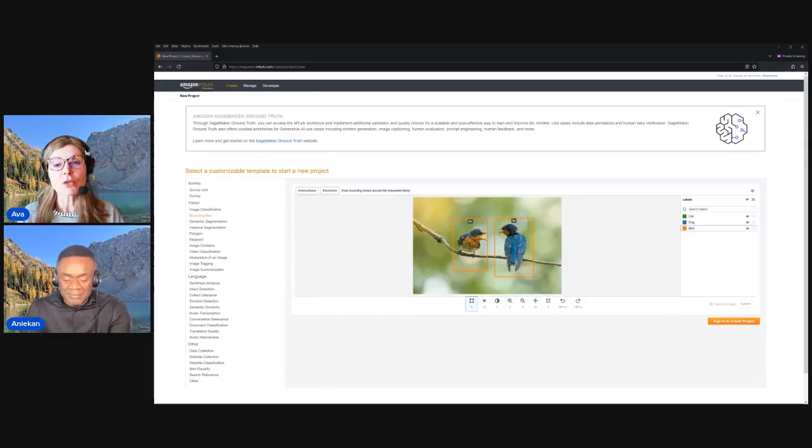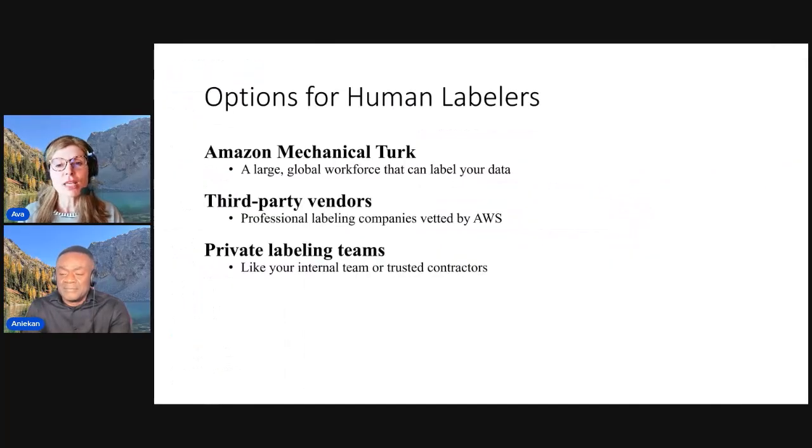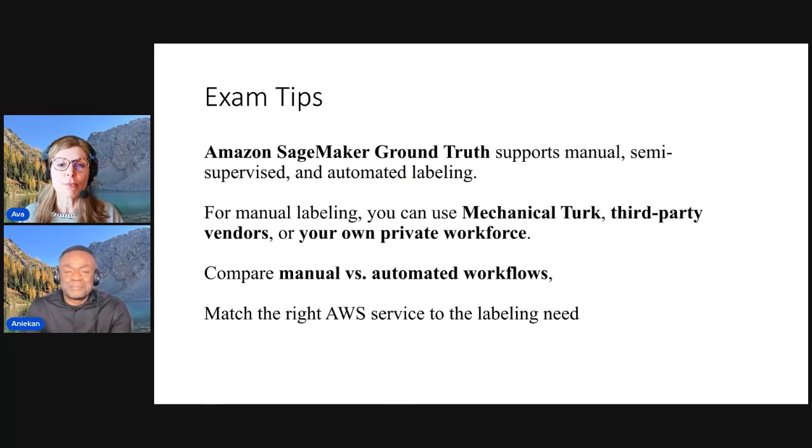And folks, here is also a certification exam tip for this section. Amazon SageMaker Ground Truth is going to support manual, semi-supervised, and automated labeling. For manual labeling, know that you can use Mechanical Turk, third-party vendors, or your own private workforce. And look out for questions comparing manual versus automated workflows, or maybe a scenario where data privacy is important.